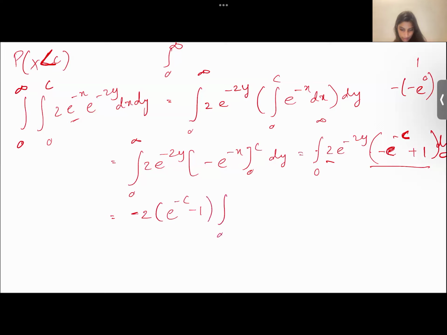And your integral is 0 to infinity, e power minus 2y dy. Minus 2 e power minus c minus 1. You have minus e power minus 2y divided by 2, 0 to infinity. 2 cancel.